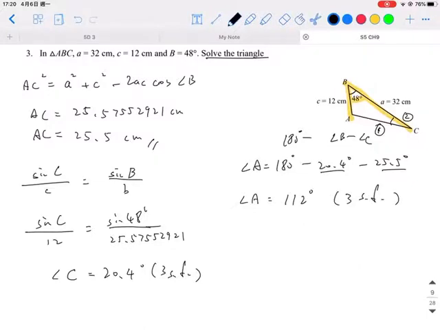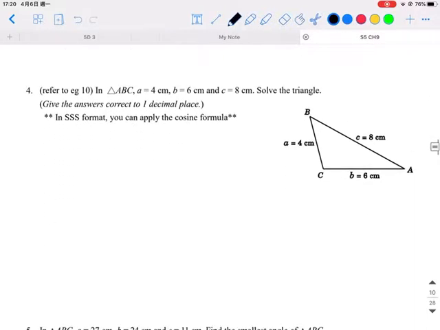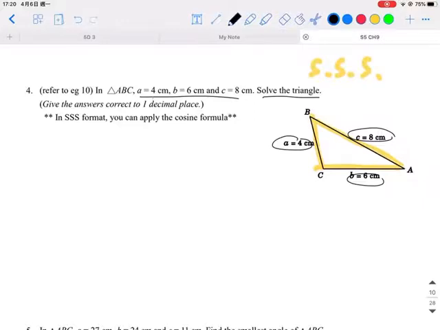So we finished question number 3, and for question number 4, solve the triangle. We have 3 sides in it, so we can apply the cosine formula because this is an SSS format. So we try to find cosine B first, which is equal to b squared minus a squared minus c squared over negative 2ac.